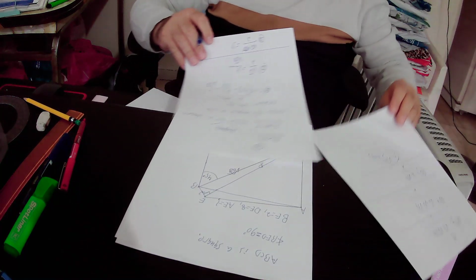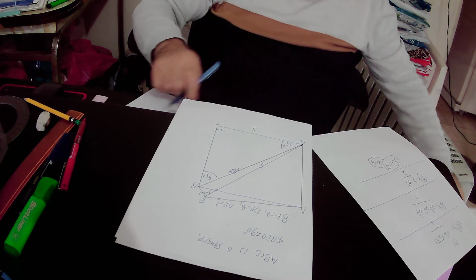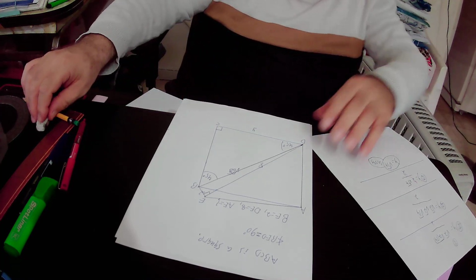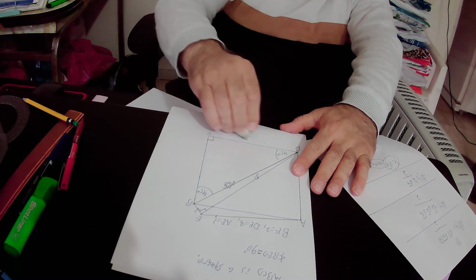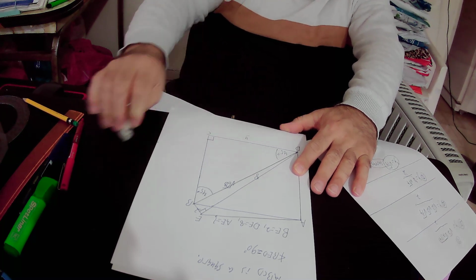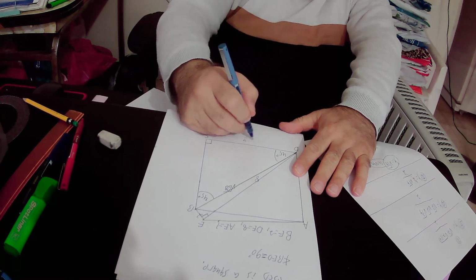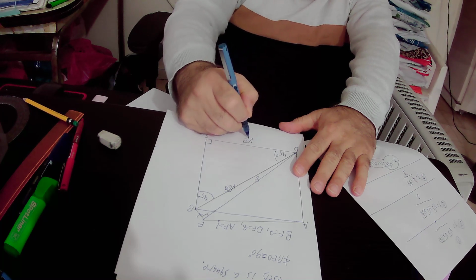Okay, so we can write here that DC, that is y, equals the square root of 34.